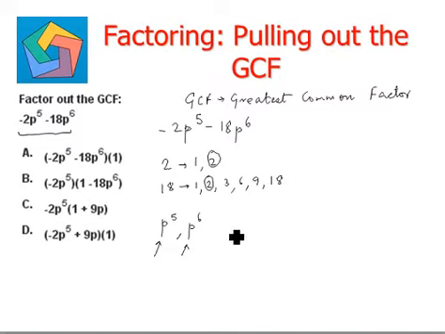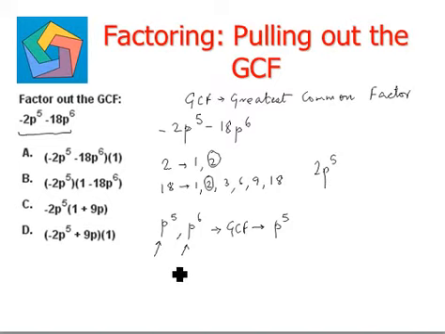So the GCF is the lower power, p to the power of 5. Now the combined GCF is 2p to the power of 5.